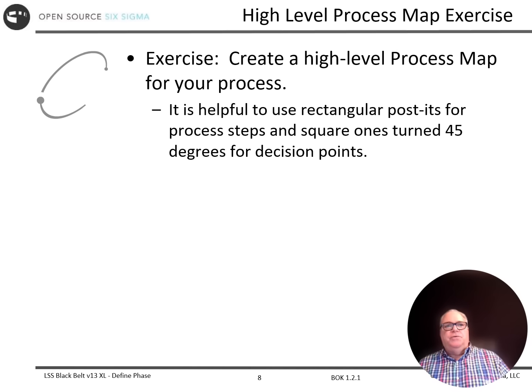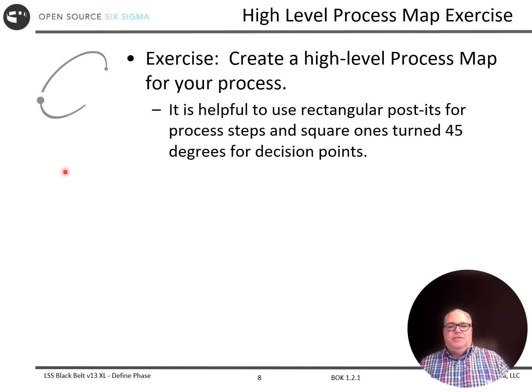So in order to keep along with the different topics, we'd like for you to think about the project that you're going to work, or maybe a project you've worked in the past, what was the high-level process map? What are the 4 or 5 steps that it took to define the process, what's the left boundary, what's the right boundary.